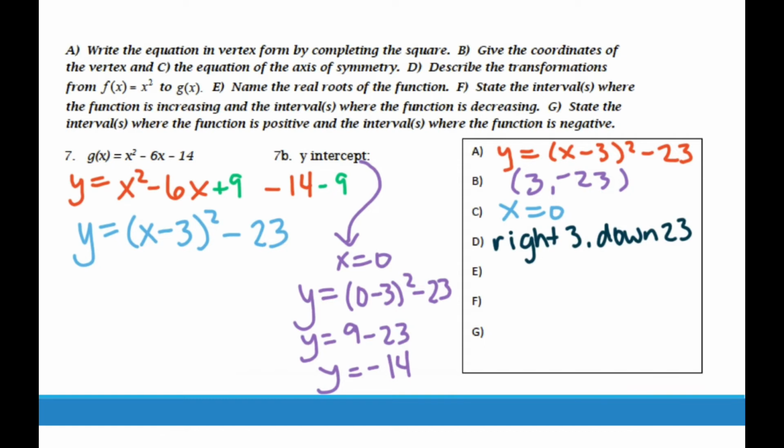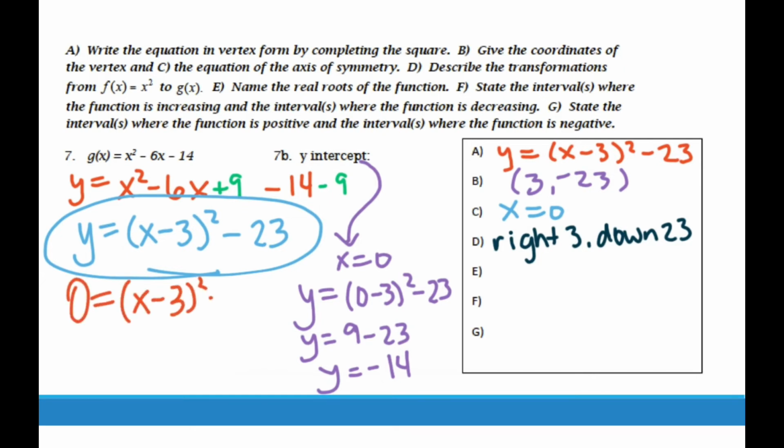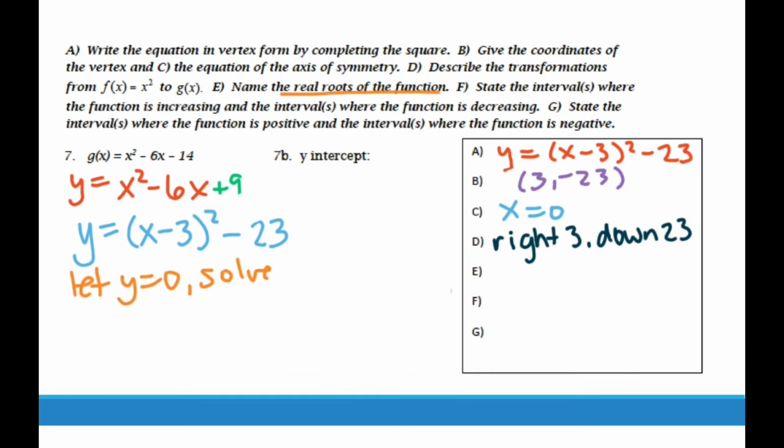Okay, E is name the real root. So you're going to need to take this equation, take it from vertex form, and solve it. So you're going to let y equal 0, and you're going to solve this equation for x. So when you do that, you'll have these steps.